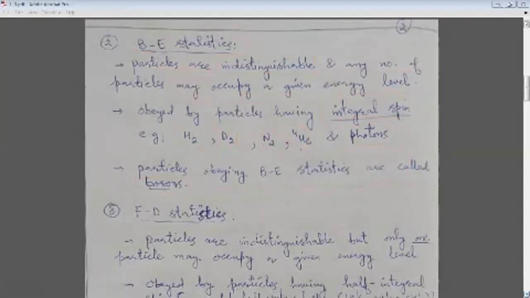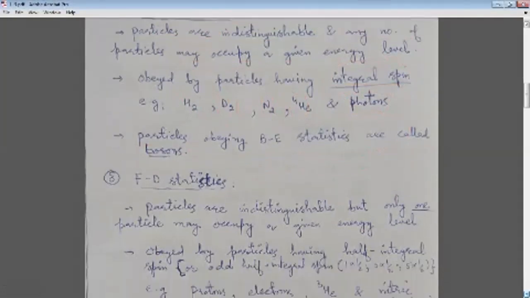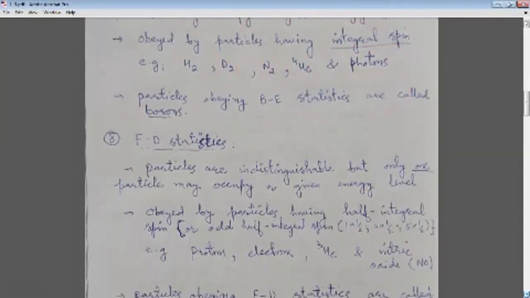Next and the last one is called Fermi-Dirac statistics, or FD statistics. Here also particles are indistinguishable, but the difference from the above statistics is only one. Here it is very important, only one particle may occupy a given energy level.